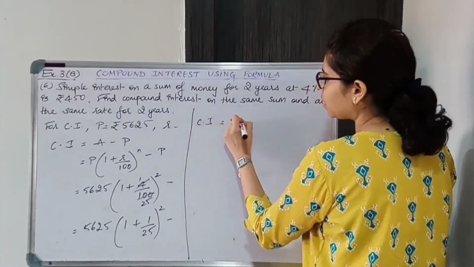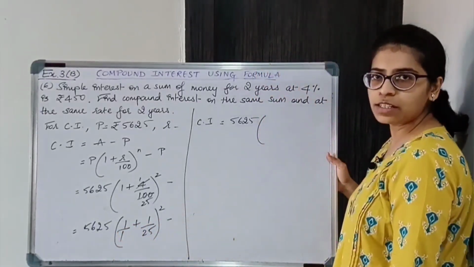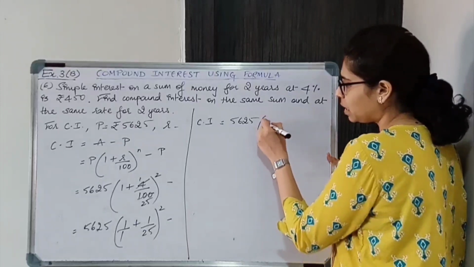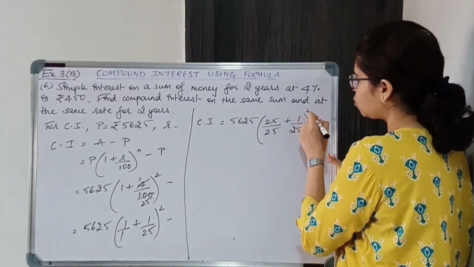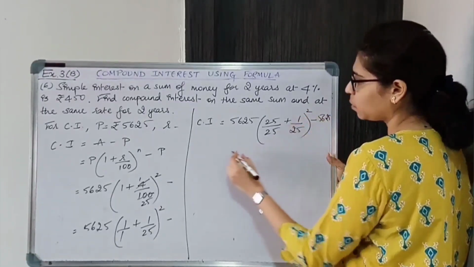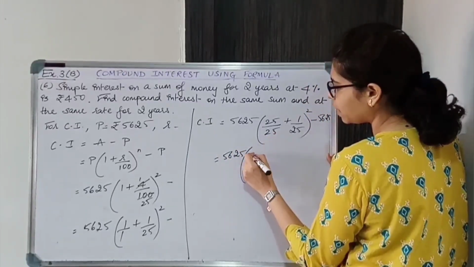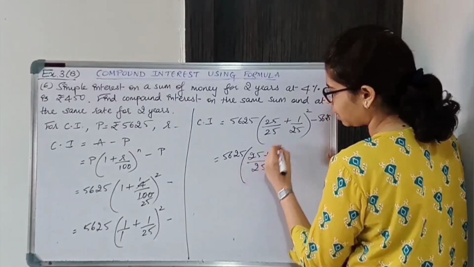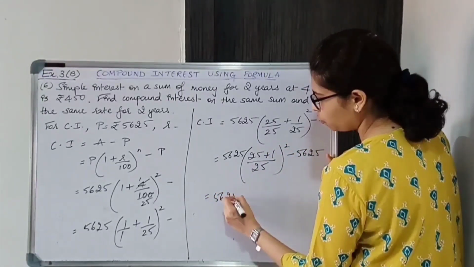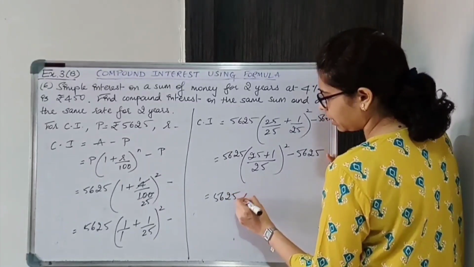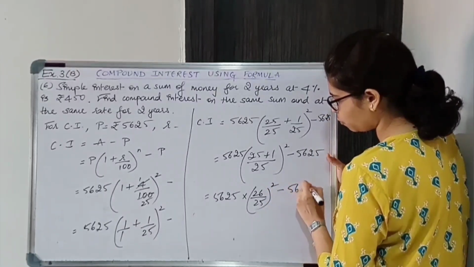CI is equal to 5625 into, we'll equalize the denominators, that is we'll take LCM, so we'll get 25 upon 25 plus 1 upon 25 raised to 2 minus 5625. So 5625 into 25 plus 1 upon 25 raised to 2 minus 5625. Here we'll get 5625 into 26 upon 25 squared minus 5625.